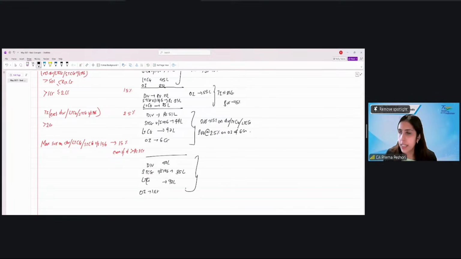So in that particular case, how much would my surcharge be? If you see, my income is 2.77 crore.